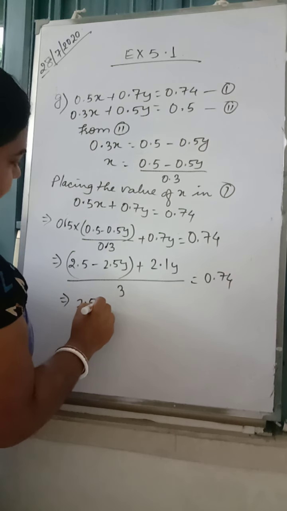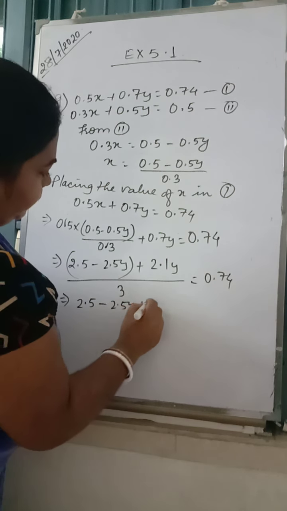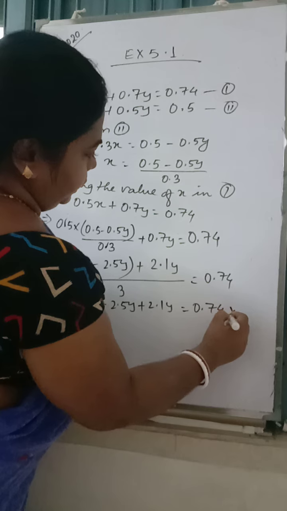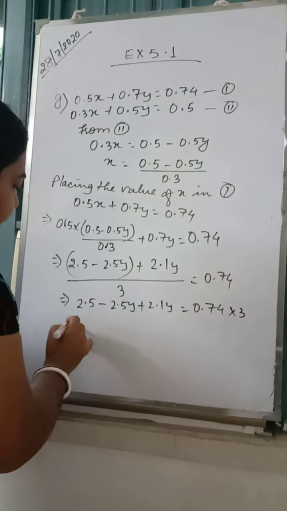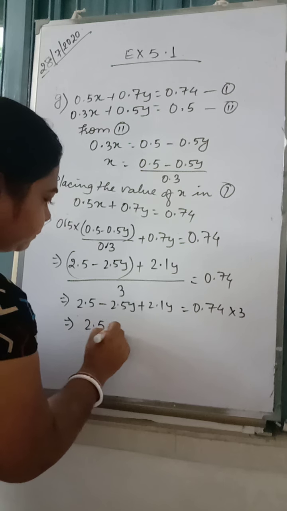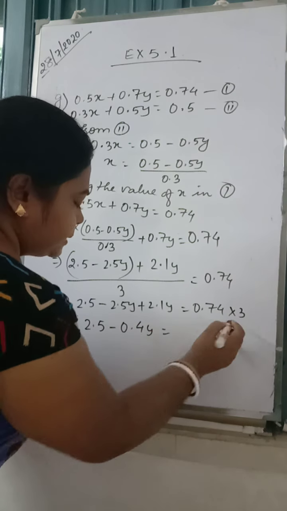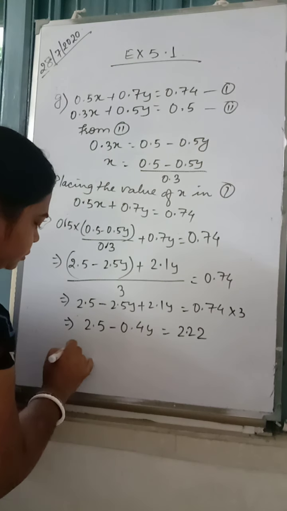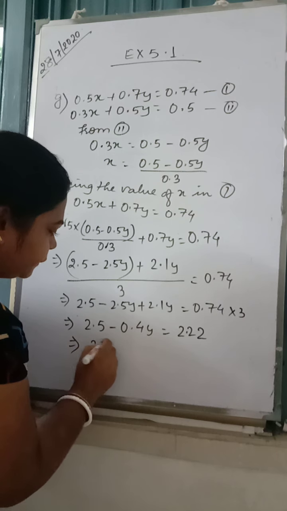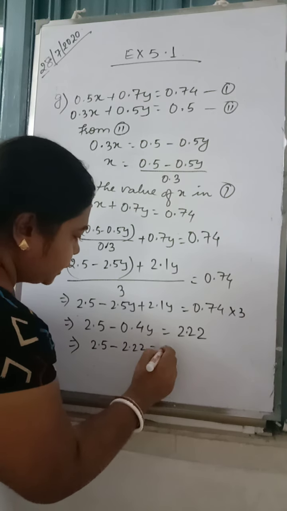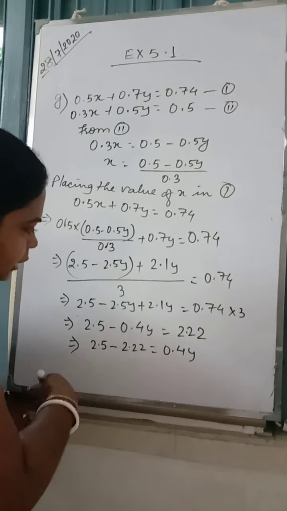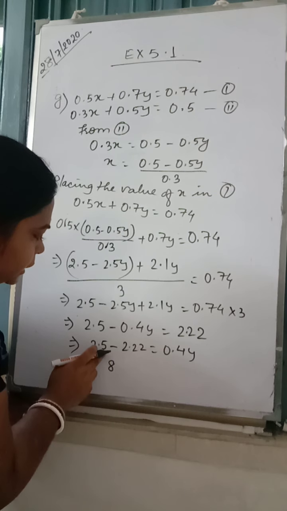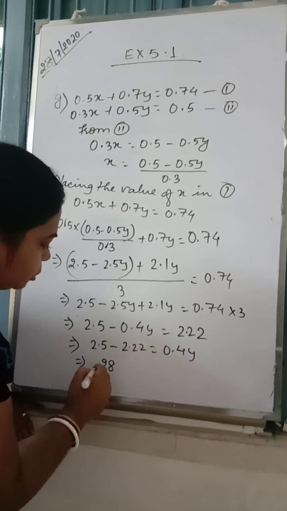Now 2.5 minus 2.5y plus 2.1y is equal to 0.74 into 3. 2.5 minus 0.4y is equal to 3 4s are 12, 3 7s are 21, and 1, 2.22, or 2.5 minus 2.22 is equal to 0.4y.